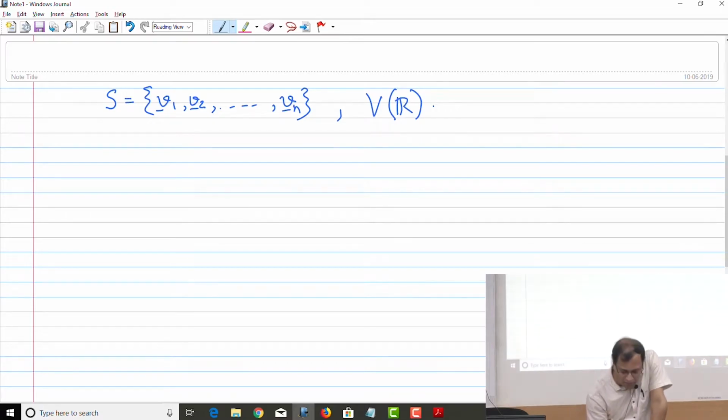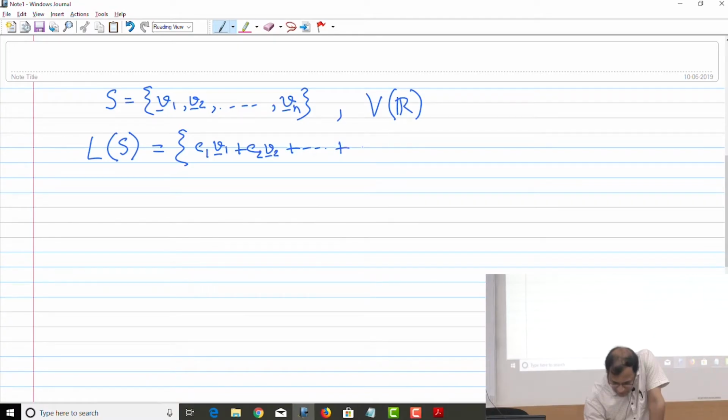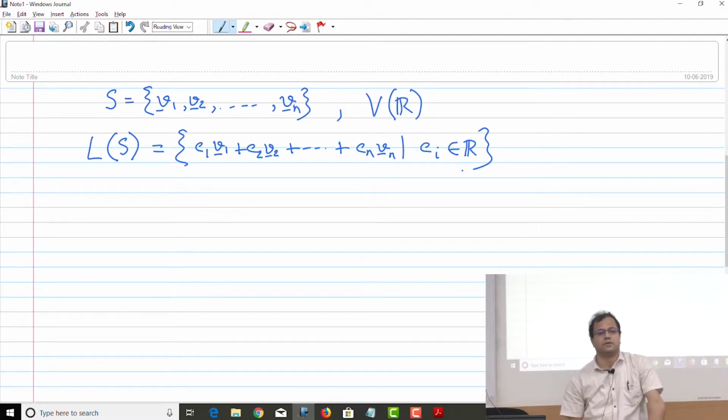So the linear span of this set S, denoted by L(S), is equal to c1 v1 + c2 v2 + ... + cn vn such that the ci belong to the scalars, right? So this is my linear span. Okay. So we have to show that this is a subspace of V.